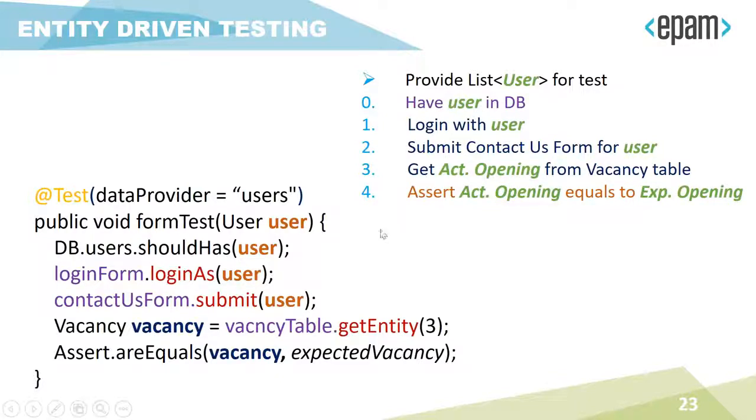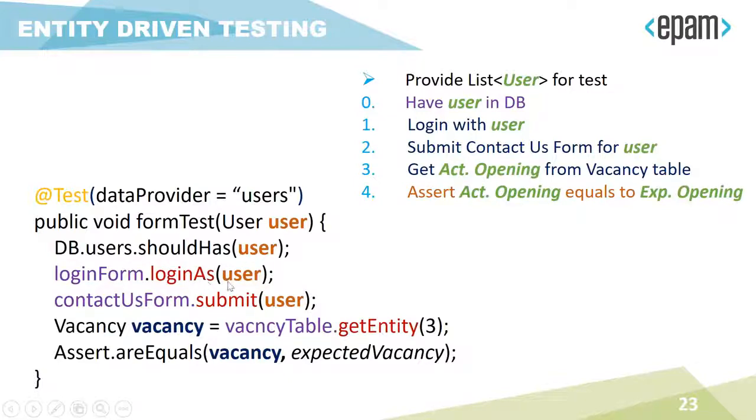Here is our scenario, and here is some code for this implementation. And the good thing related to JDI is that a lot of stuff related to this we already have in our elements. For example, we can write login form, login as user, contact form, submit as user, and we don't need to write code for these actions.